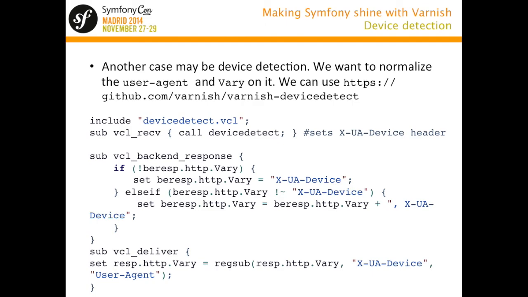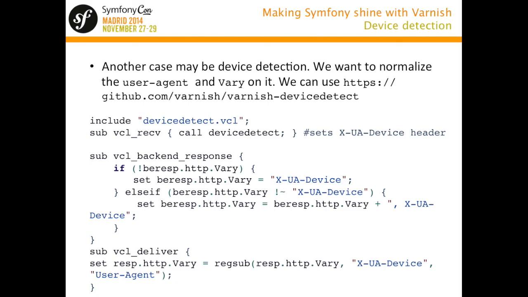So it normalizes everything. Again, you have to take care to let Varnish know that you are varying on this header so that it can store different content depending on it. And again, you want to transform this special header into a standard header when you send the response back, because outside caches don't understand this special header, so you have to transform it back into a regular user agent header.